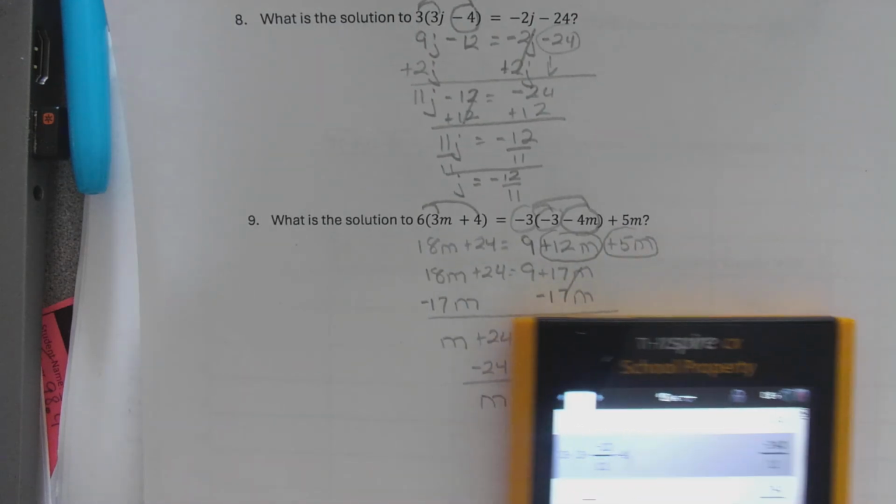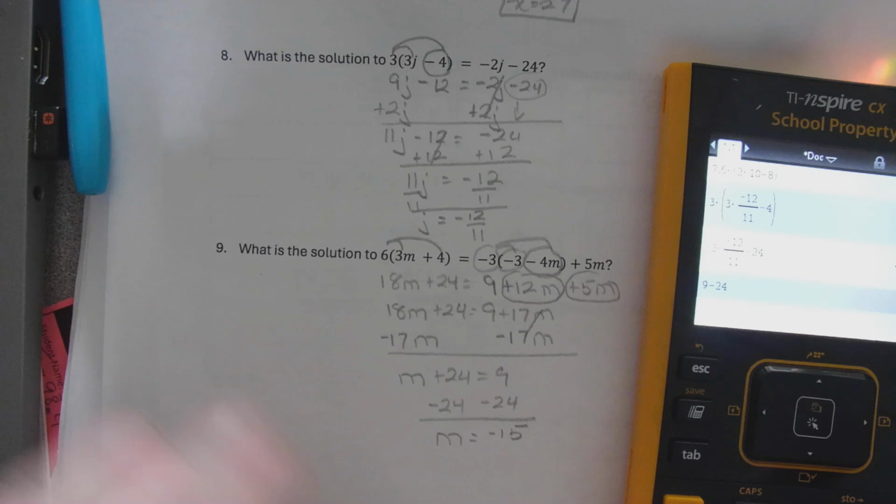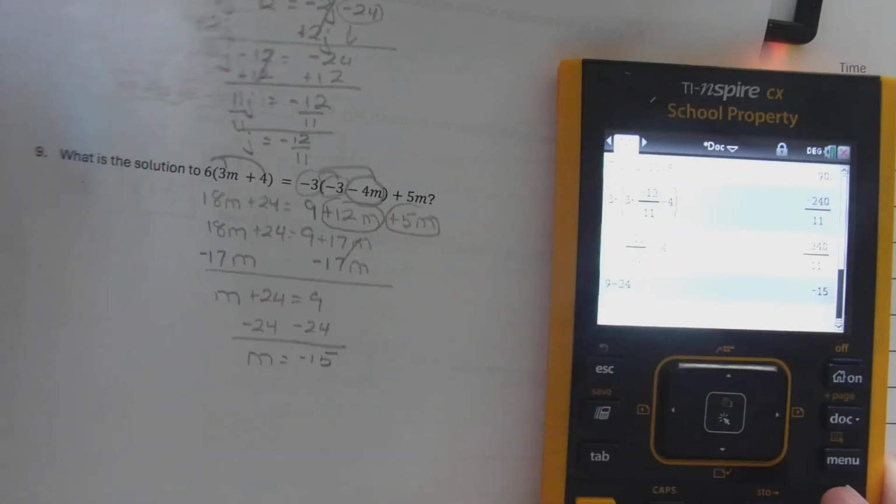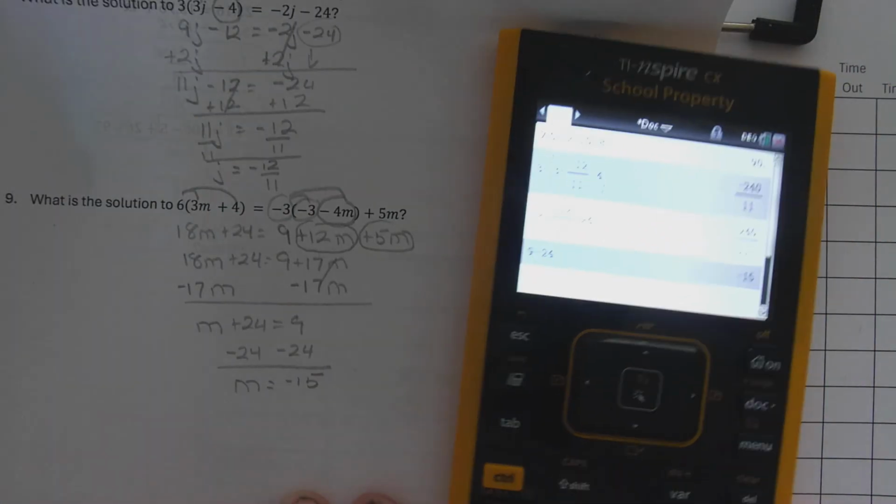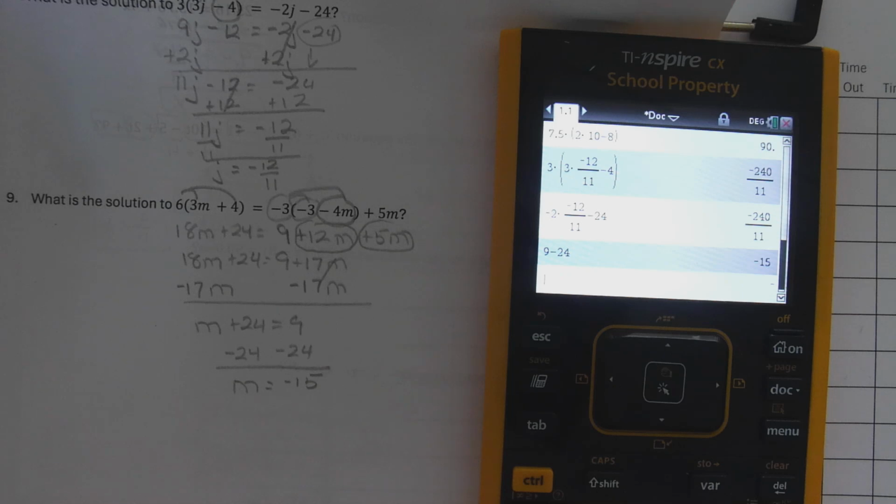And so then if we go in and again we do our check just to make sure that it's right, we do 6 parentheses 3 times negative 15 plus 4, and we get negative 246 on the left.